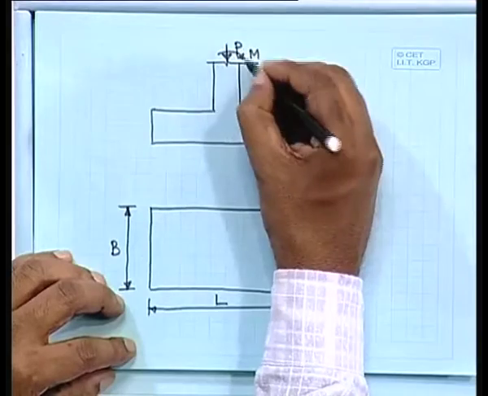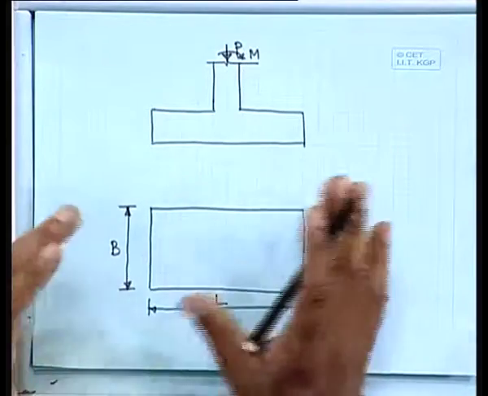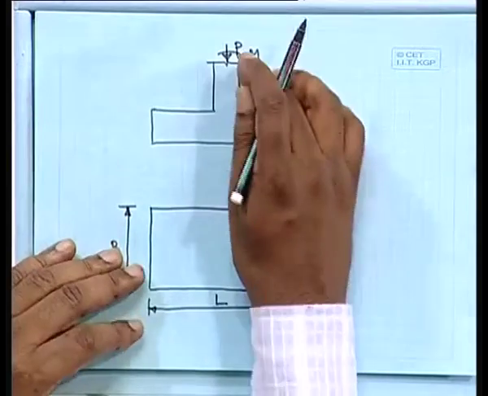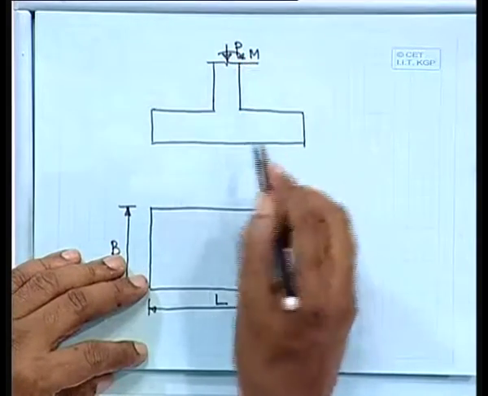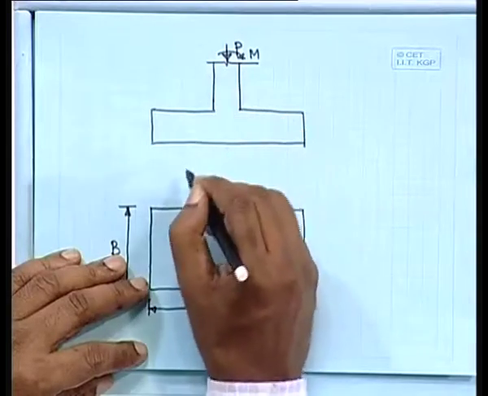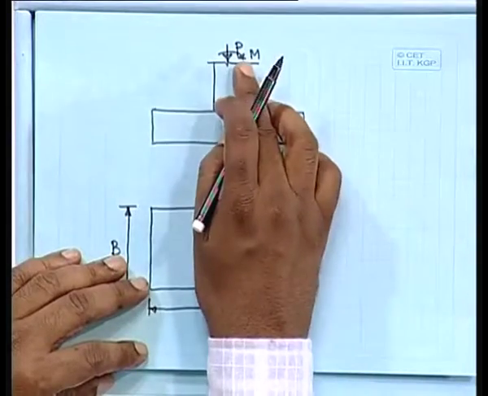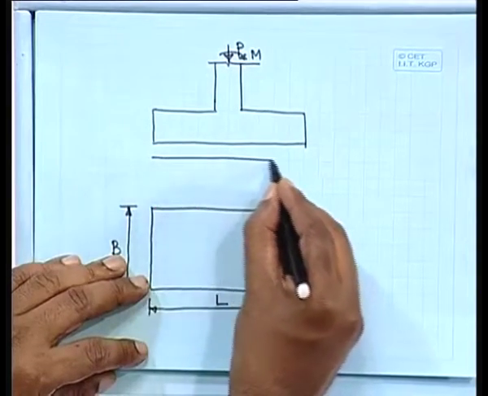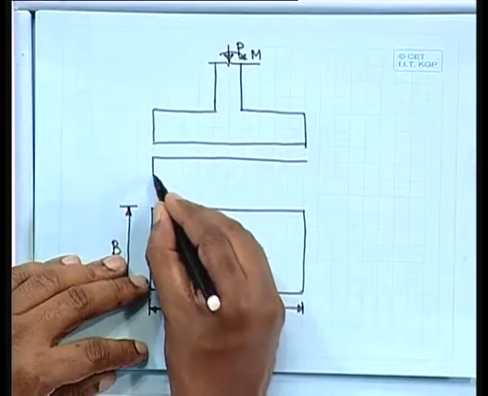since we are having moment here, it will not be uniformly stressed. If we have an axially loaded one, then we shall get uniform stress all along, but here since we are having moment, we may get something like this.